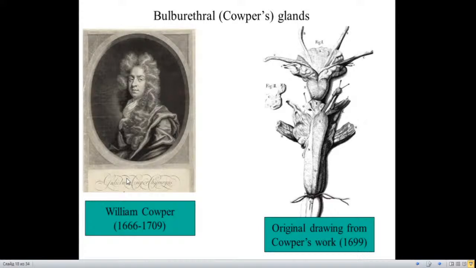And the last internal male genital organ is the paired bulbourethral glands or Cowper's glands. They are seen here. Actually, these glands were named in honor of the British anatomist William Cowper.